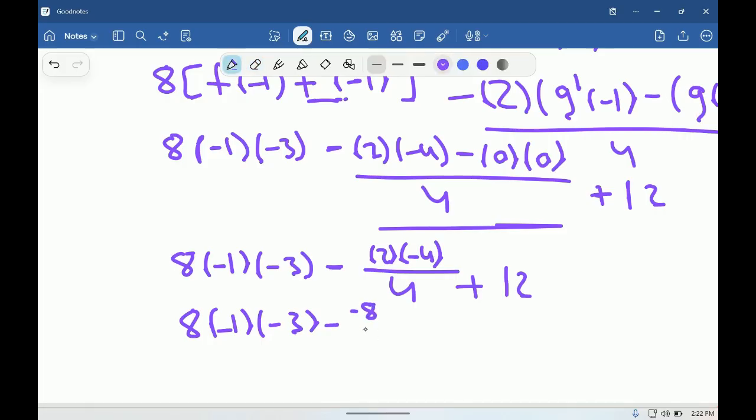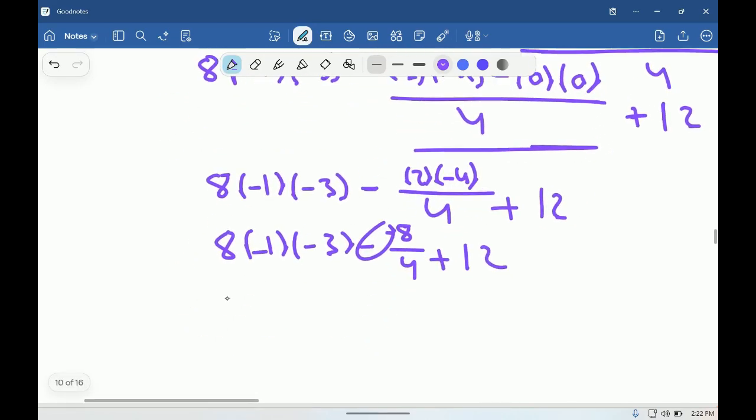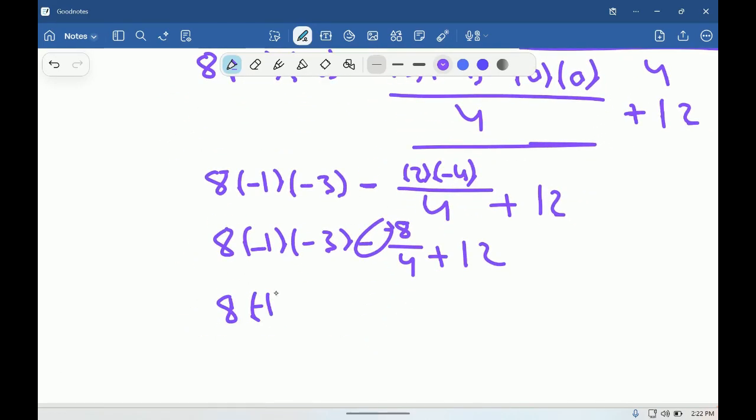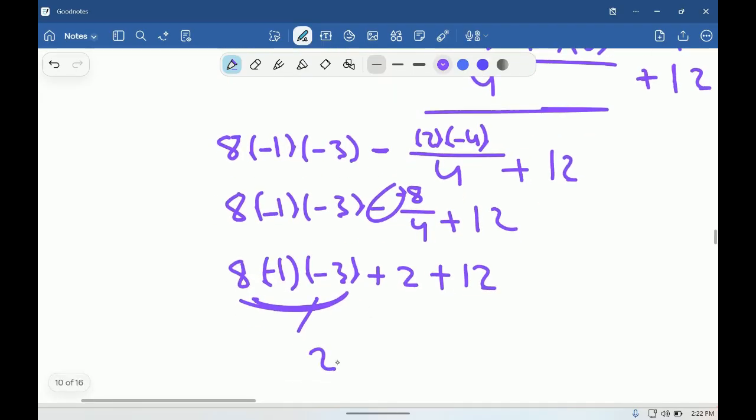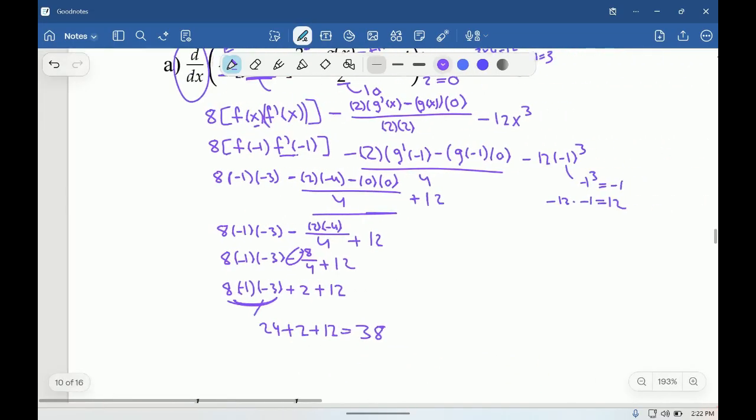Negative 8 over 4 plus 12, and these two would make a positive, so we would get 3 plus 2 plus 12, and then multiplying all of these together, we would get 24 plus 2 plus 12, which equals 38.